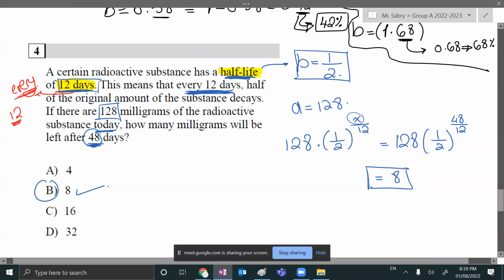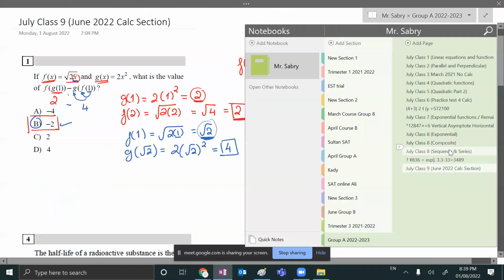So the power, which is the x, must be divided by 12, while B is still equal to half because it's half-life. Then they said there are 128 milligrams of the radioactive substance, so that's the initial value, 128, that we started with. That's how we got the equation, or the function. Same thing is about to happen now in this one.